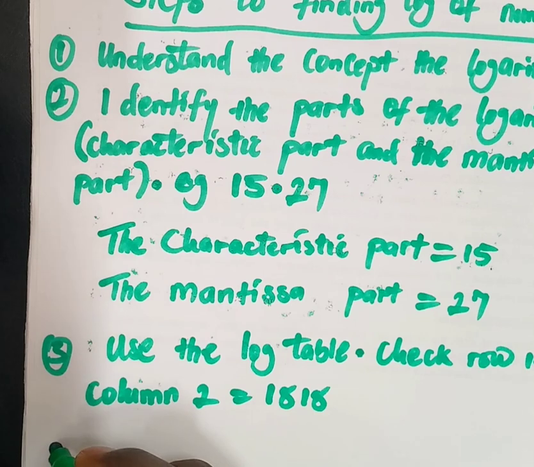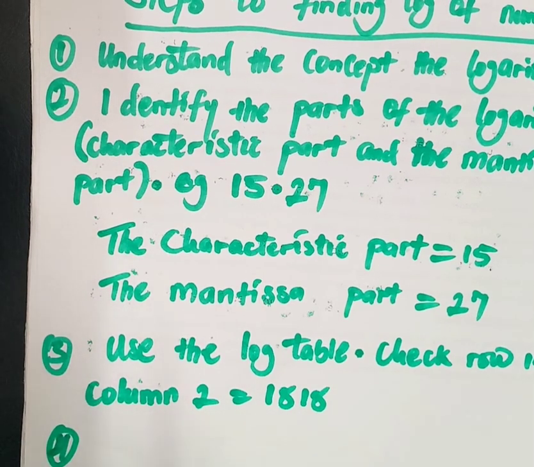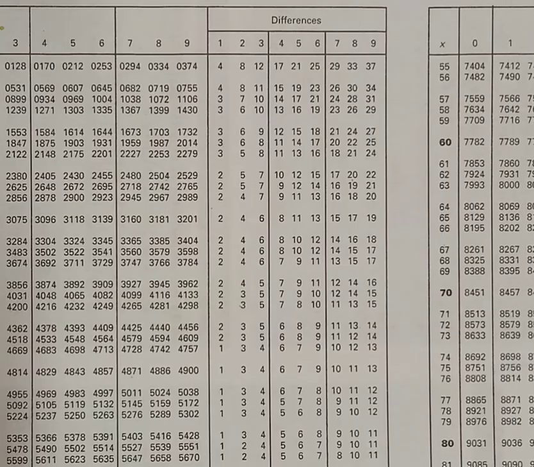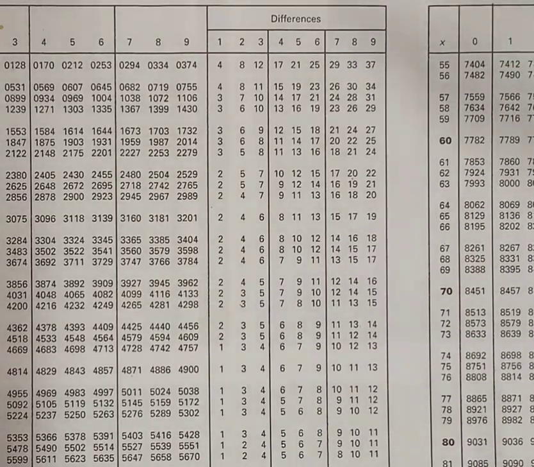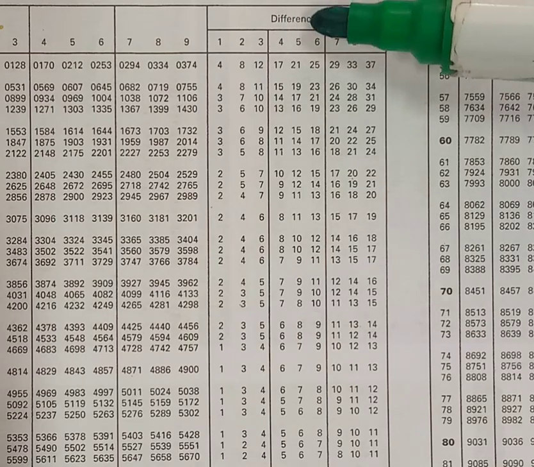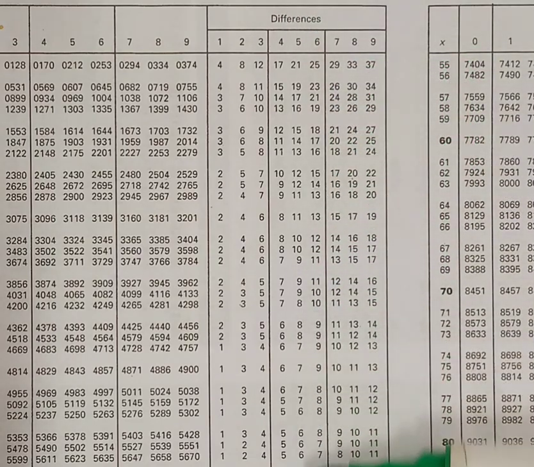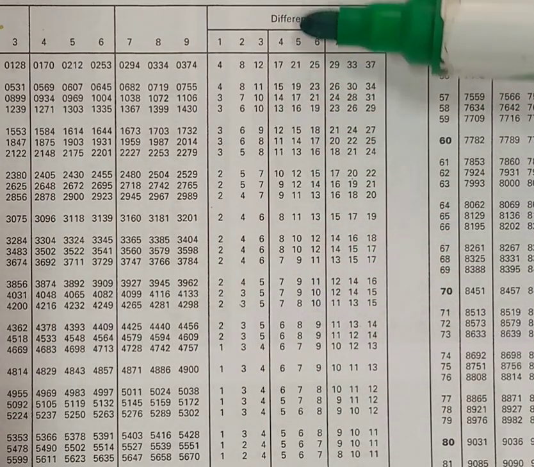Then step 4, use the part of the log table that has the mean difference. When I say mean difference, this is what I'm talking about. This side of the log table is the difference.